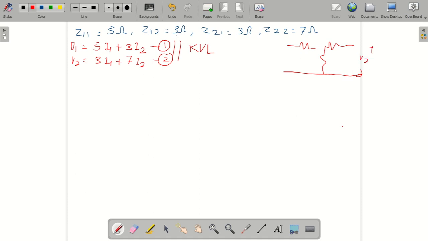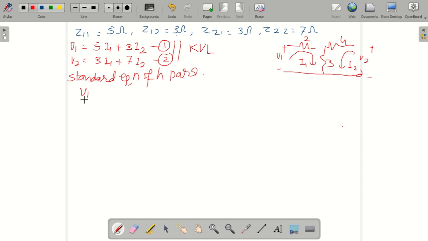This was V2, this was V1. Write the KVL, loop 1 I1, loop 2 I2. If you write the KVL, you will get this equation. Then the standard equation of what do we have to find? The H parameter. What is the H parameter?